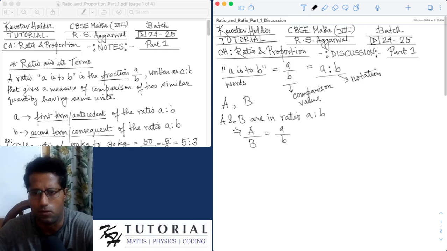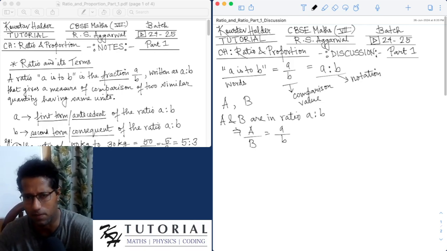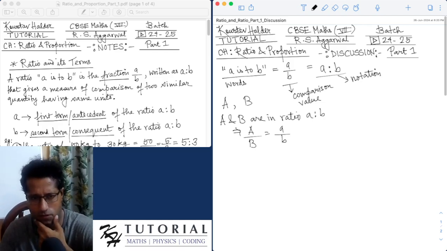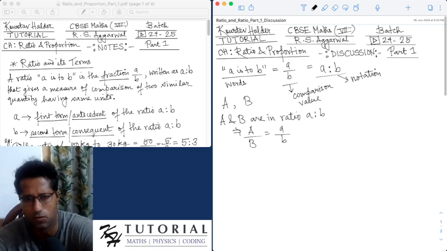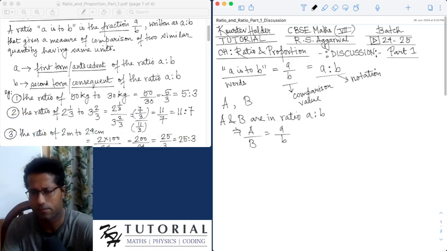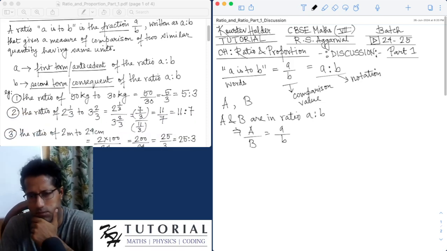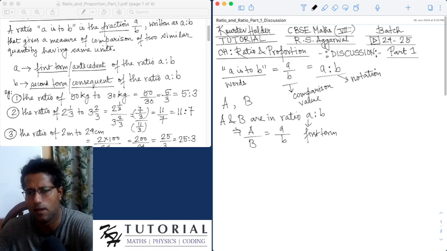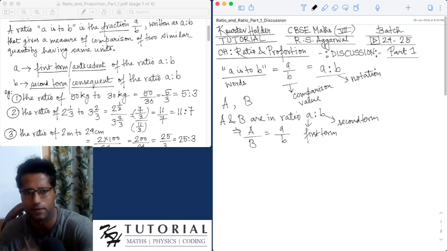In this ratio, in this term A colon B or A is to B, the first term A is known as the antecedent, or the first term of the ratio A is to B. You can follow the notes while I speak. And B is the second term of the ratio A is to B, and is also known as the consequent.